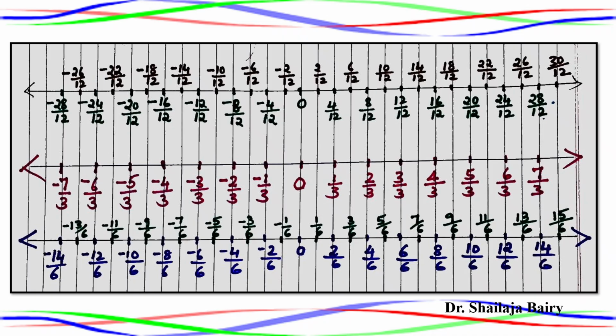Minus 13 by 6 at the bottommost number line, move along the vertical line, you will get minus 26 by 12. So they are equivalent. What would the central number line be depicting, which is between minus 7 by 3 and minus 6 by 3? It is nothing but minus 6 and half by 3. It is a decimal form, you may have to convert.